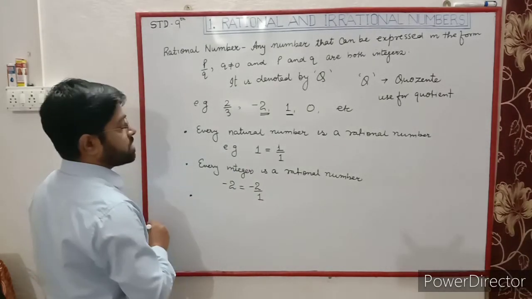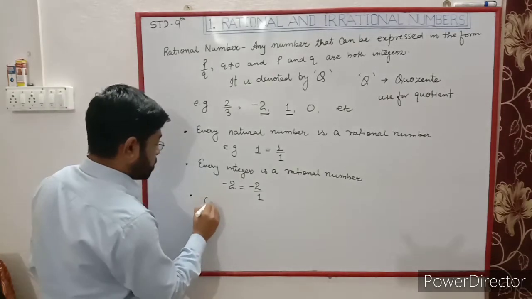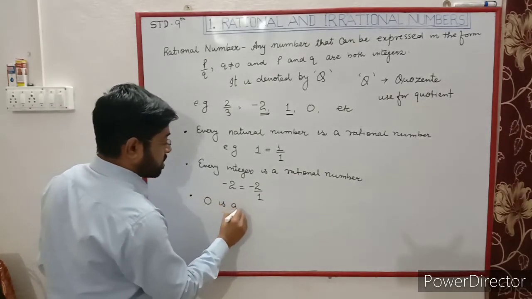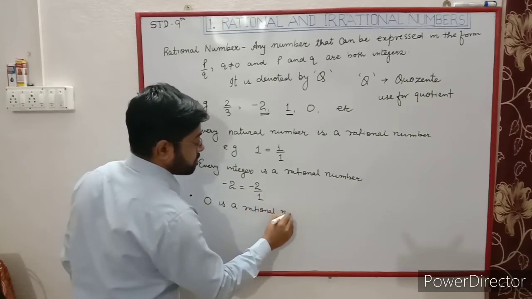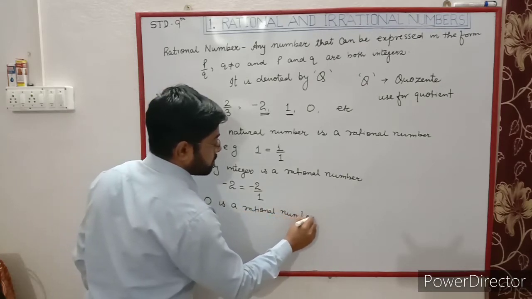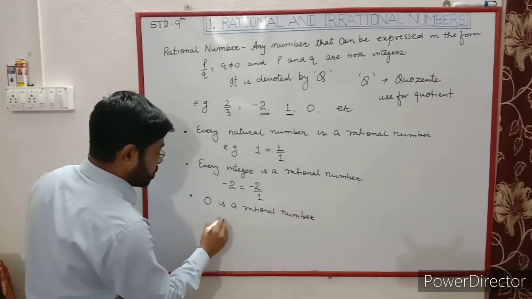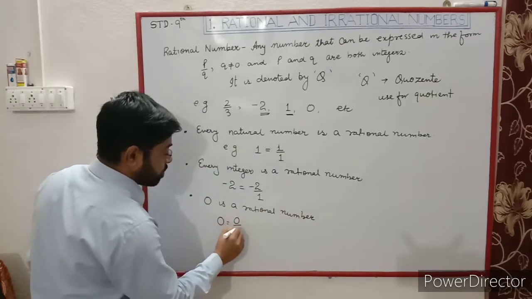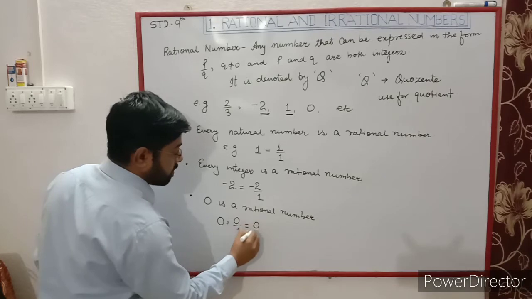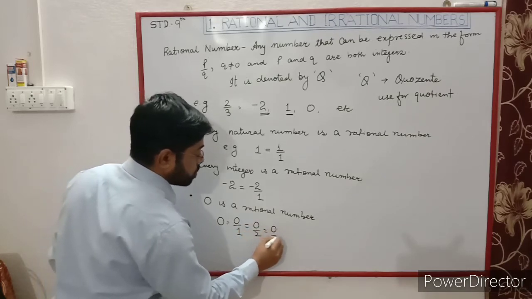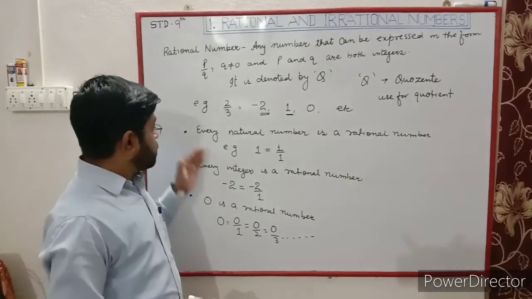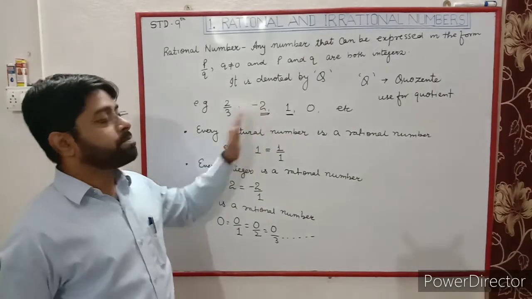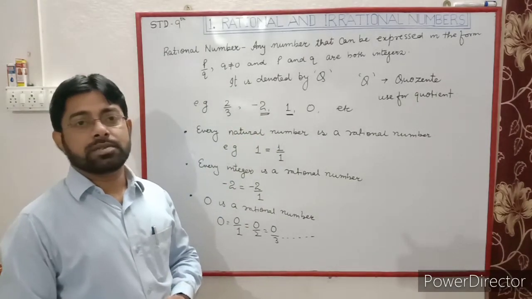Now the third observation: 0 is a rational number. See, 0 we can write as 0 by 1, which is equal to 0 by 2, which is equal to 0 by 3. So we have three observations from these examples.